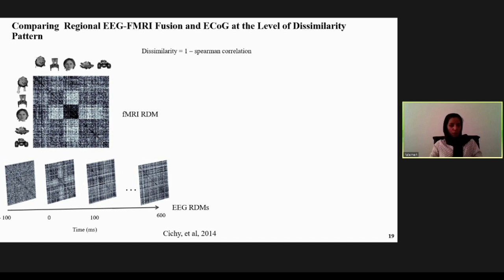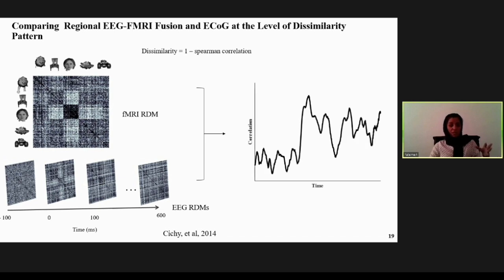The dissimilarity measures are assigned to a 125 by 125 fMRI dissimilarity matrix. A similar analysis was conducted on EEG data to obtain a representational dissimilarity matrix at each time point. And then for each region, we correlated fMRI RDMs to EEG RDMs at each time point, and this gives a signal over time.